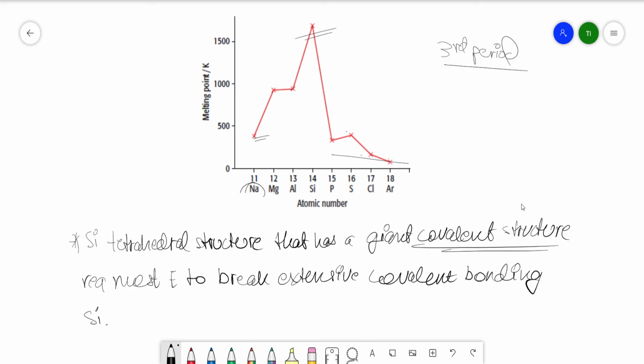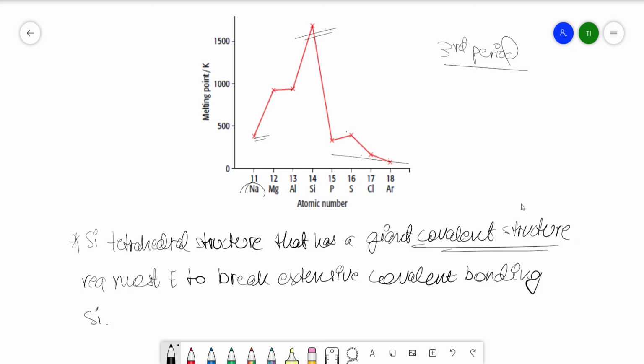Now, if you recall from my previous lessons, for non-metals in general, the simple molecular ones, the only thing you have to do is break or weaken the IMFs, which are much weaker than the regular bonds, which are ionic, covalent, and metallic. But in Si, because it's a giant covalent structure, to cause it to change state you have to break or weaken the covalent bonding holding the Si atoms together.